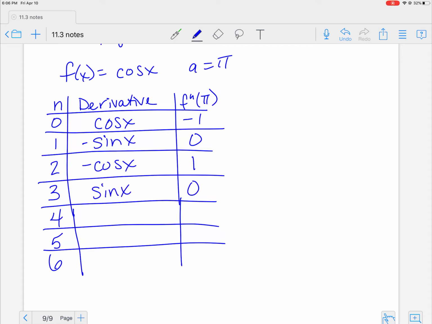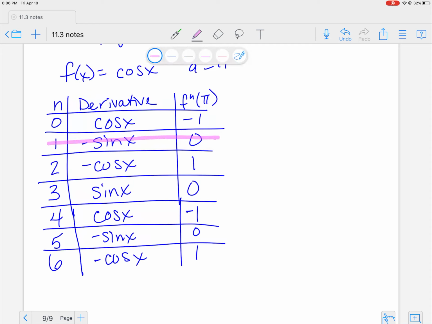Then I have sine of x, which is 0. Then I have cosine of x, which is -1. Then I have the negative sine of x and negative cosine of x. And that is where we come up with these. So I know that's a 0, that's a 0, that's a 0. So I've got 1, 2, 3, 4 terms.